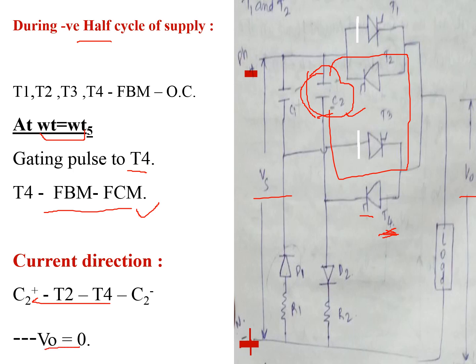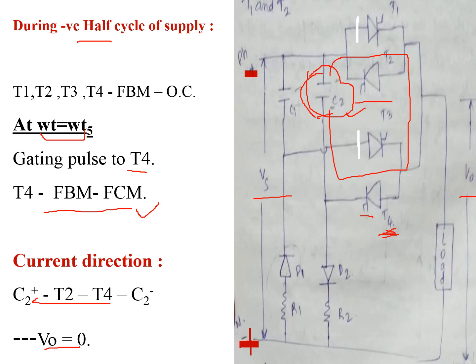But we know that thyristors are unidirectional devices which allow the flow of current from anode to cathode. But here the current flowing through thyristor T2 is from cathode to anode.